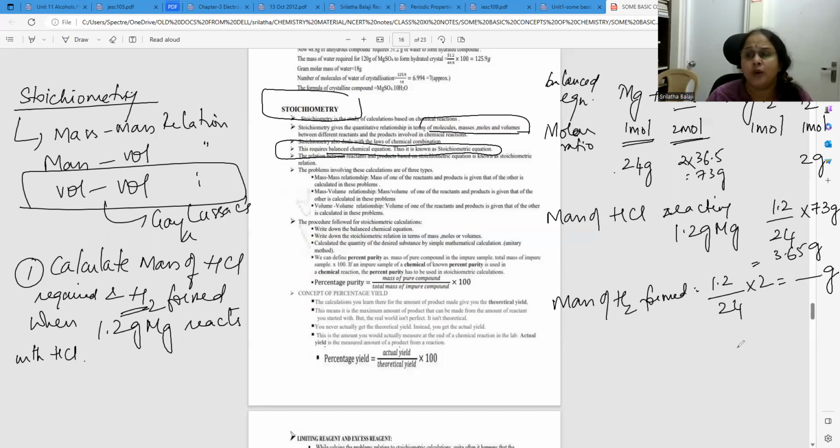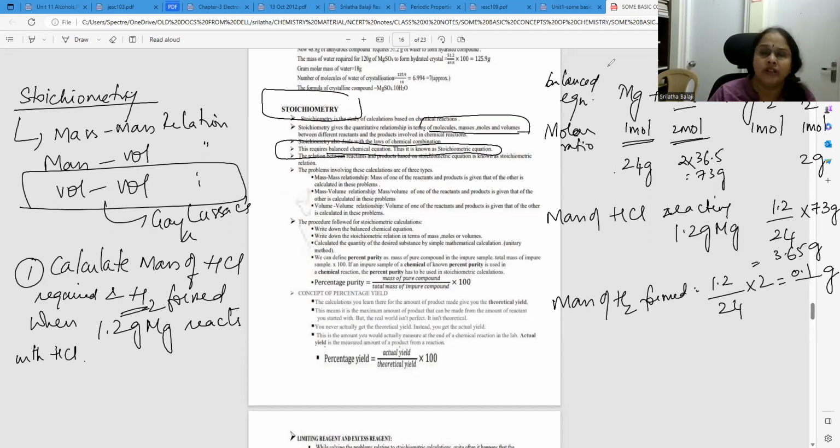Exactly. And the next one? 0.1 grams, exactly. So this is what a stoichiometric calculation is. Suppose instead of mass, they ask for volume, then it becomes the mass-volume ratio.